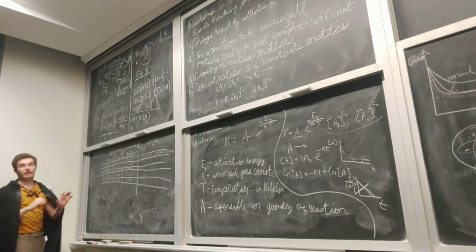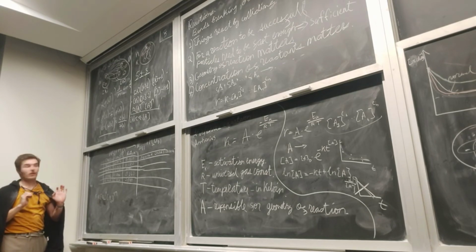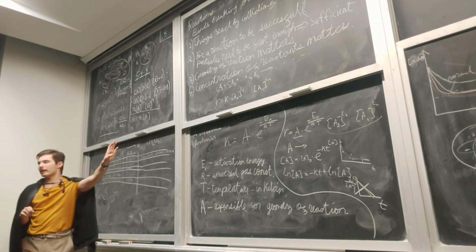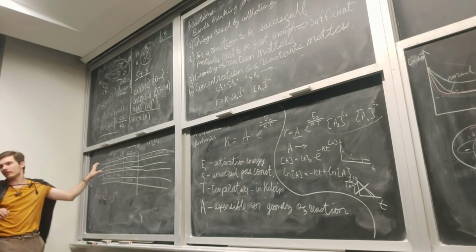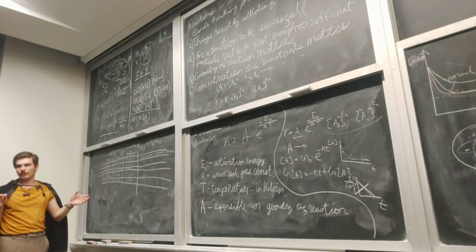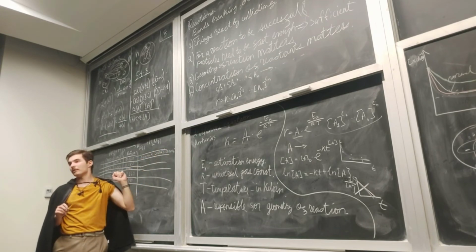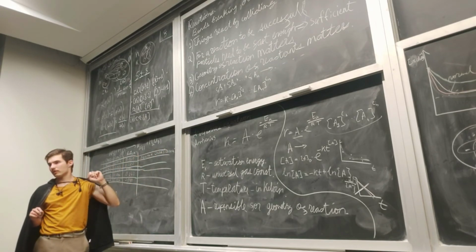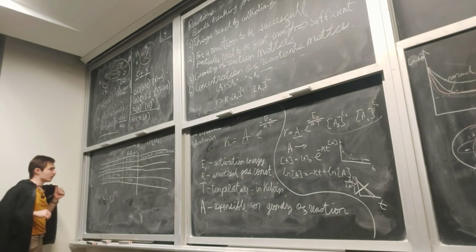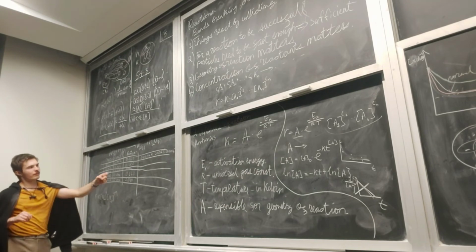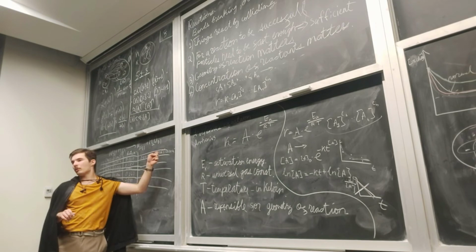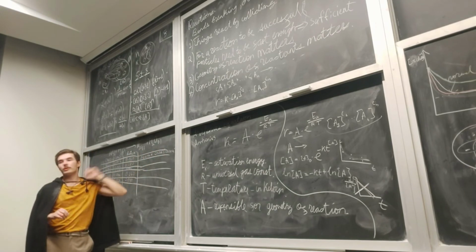We said this is a multi-step reaction, right? So not everything's colliding at once. Or at least we don't know if this is a single-step reaction. So we don't know what these powers are in our rate law, and we also don't know what the rate constant is. So our job now is, using this data, to figure out what the rate law is, what these powers are, and what the rate constant is.